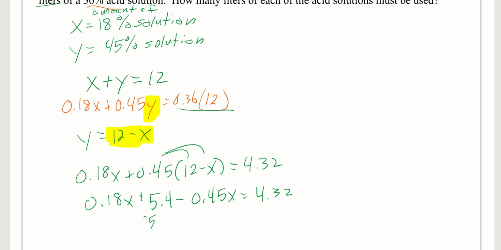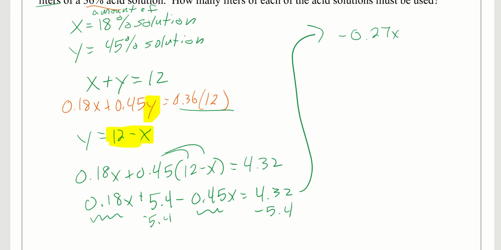So I'm going to subtract the 0.54, and then I'm going to put these two together. So if I do that, I end up with negative 0.27x is equal to negative 1.08. Okay? Which makes sense. Even though we've got negative, you'll see that I'm going to end up with two negatives, so it should turn into a positive, which makes sense.